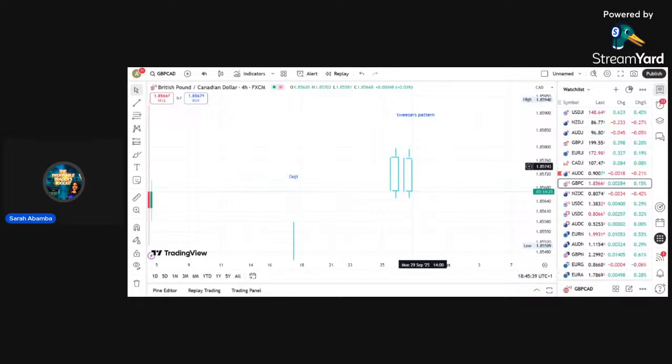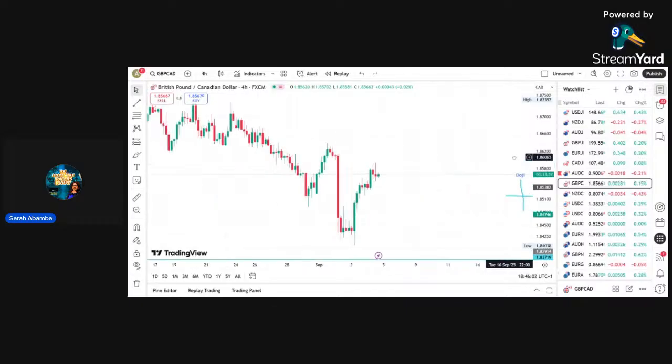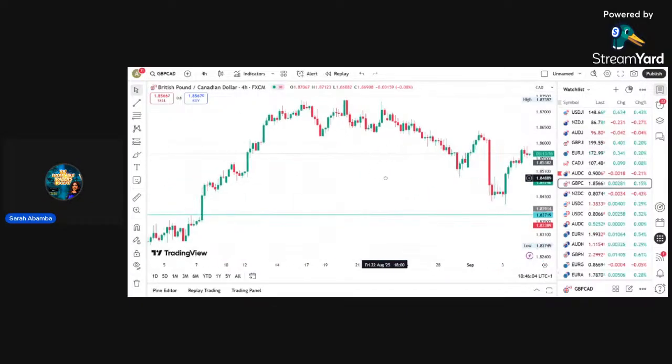So for the bullish tweezers, your first candlestick must be a bearish candlestick. Your second candlestick must be a bullish candlestick. Why? Because the bears are losing momentum. The selling pressure is becoming low. So that is why it is a bullish tweezers.